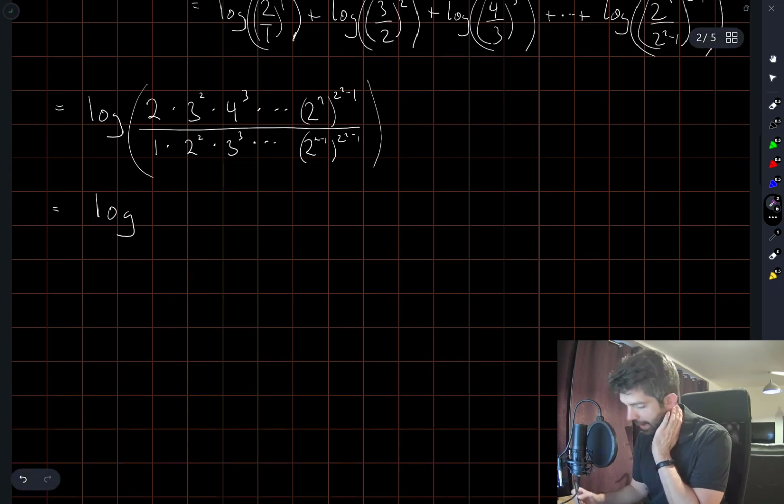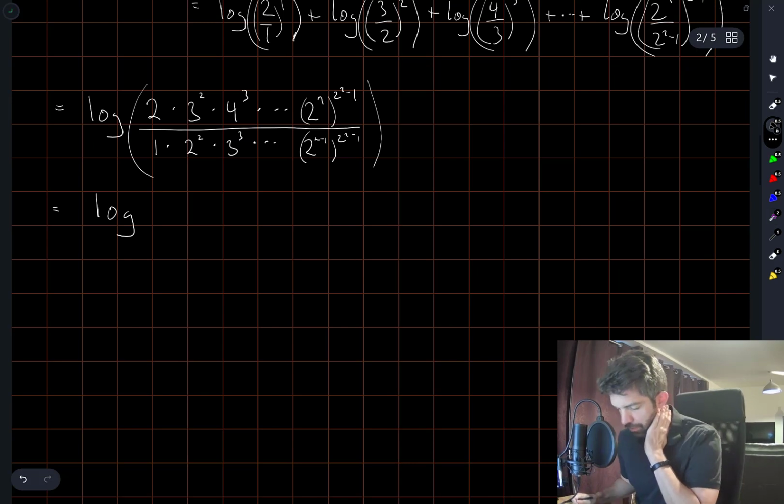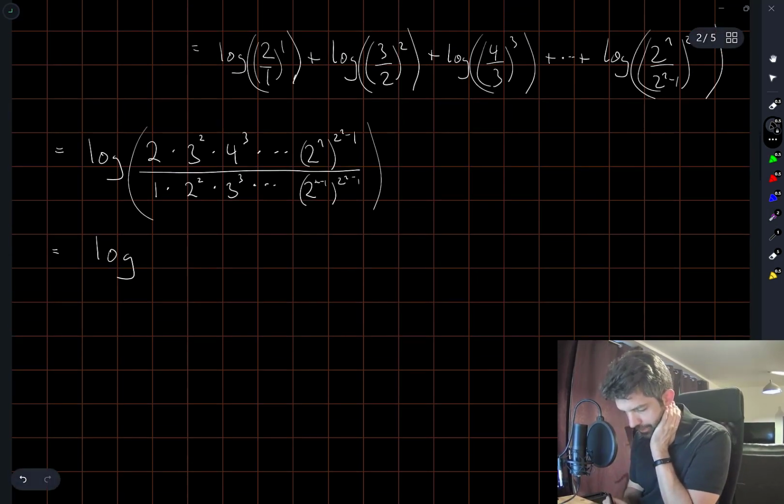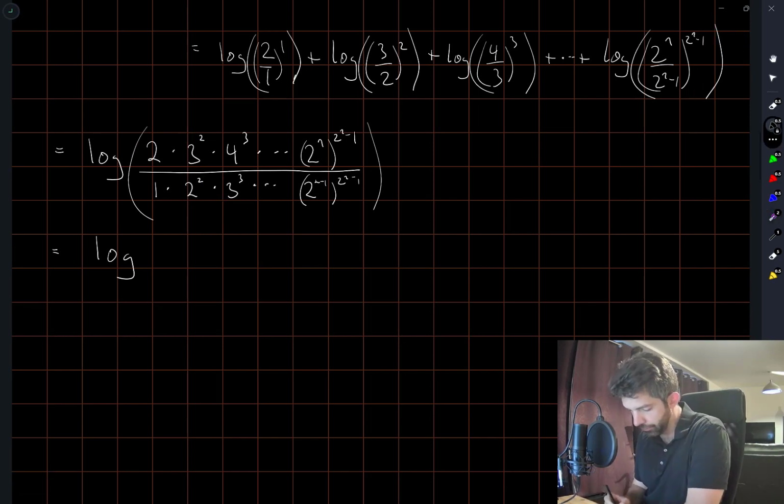And now I should be able to cancel a whole bunch of terms here, right? I have here a 2 to the 1, here I have a 2 to the 2, I have 3 to the 2 and 3 to the 3. So everything in the numerator cancels except for 2 to the n to the power of 2n minus 1.